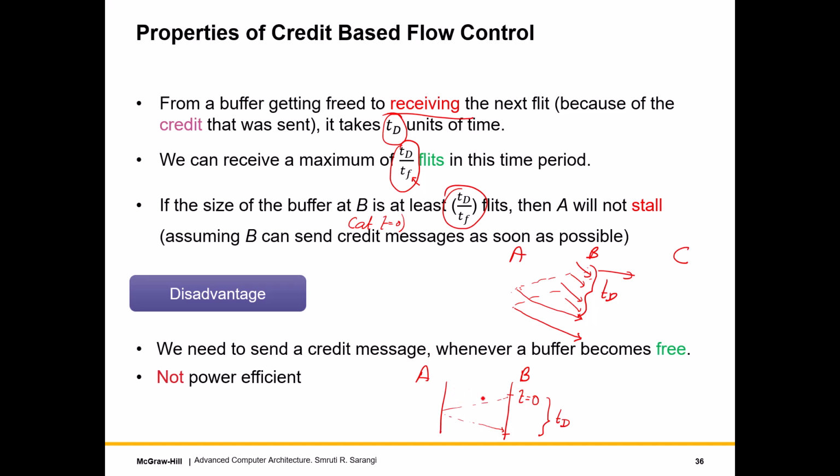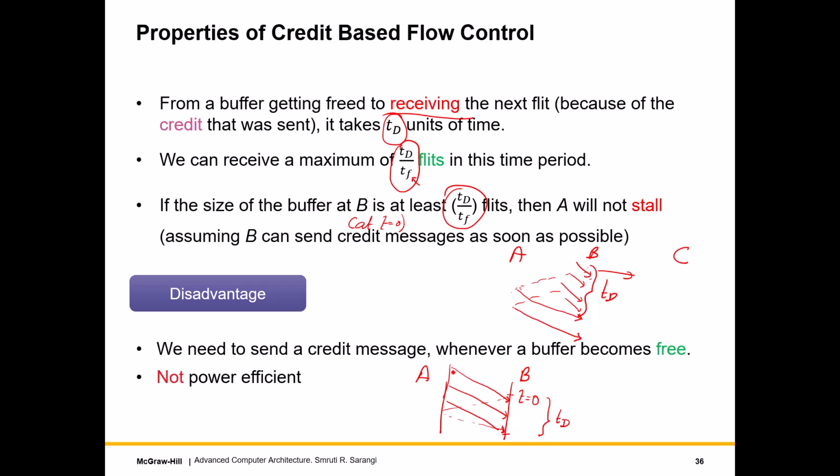The other idea is that A keeps on sending flits because it has sufficient credits and B has sufficient buffers. Clearly at this point of time, if I look back and assume that a flit is received at this point, then A should have enough credits such that if it wants to saturate the bandwidth till this point, it can keep on sending flits, right?